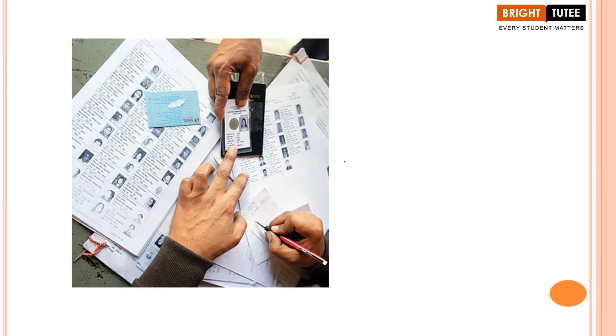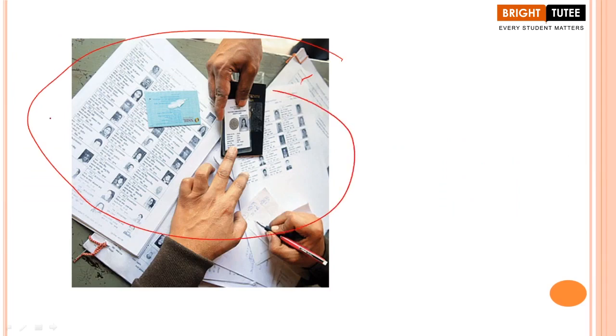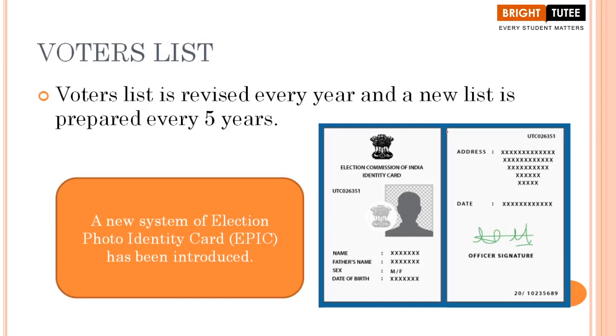Now as you can see, this is an image just to show how the electoral roll is prepared. It means the eligible voters who can vote in elections. So a list is prepared and the government keeps that data. Now the voters list is revised every year and a new list is prepared every 5 years. If you remember, students, we have already learnt that general elections are held at regular intervals, after every 5 years in our country.